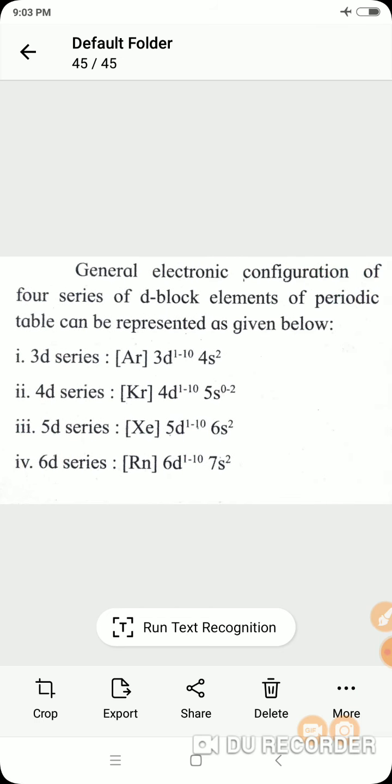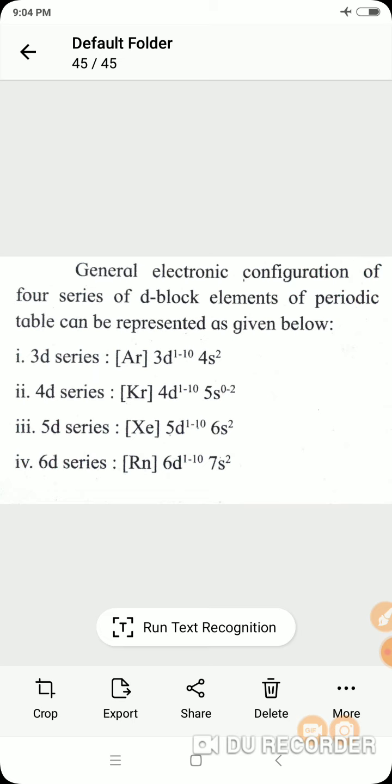Now the general electronic configuration of the four series of d block elements of the periodic table can be represented as shown here: the 3d, 4d, 5d and 6d series. From the general electronic configuration, we can easily write the electronic configuration of any element, as we also studied in the previous video.